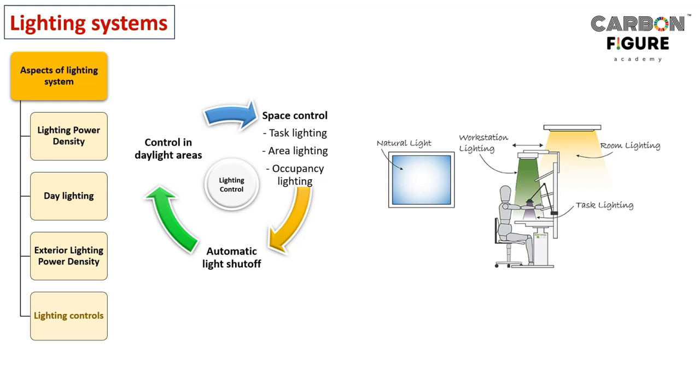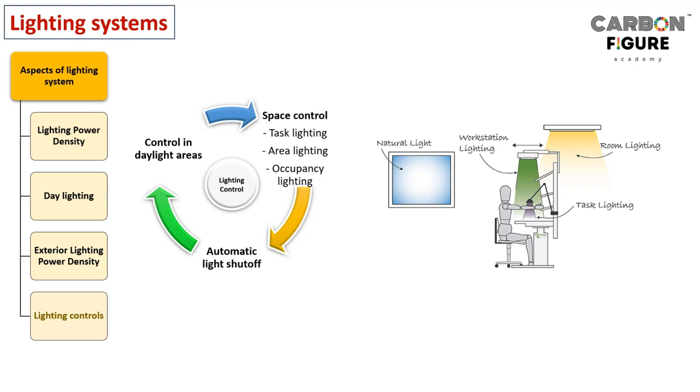Just above your head you have a lighting, and that can be workstation lighting or your zonal lighting, right? So assume you are sitting along with certain peers in a row, or in a rounded group manner. Accordingly, each one will have their own above head lighting for their own table, right? So that is called workstation lighting.